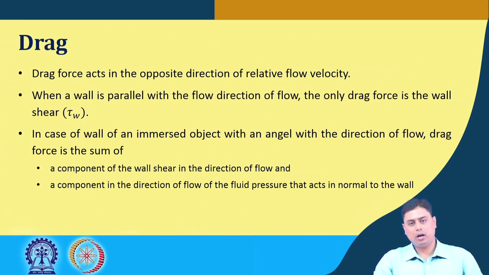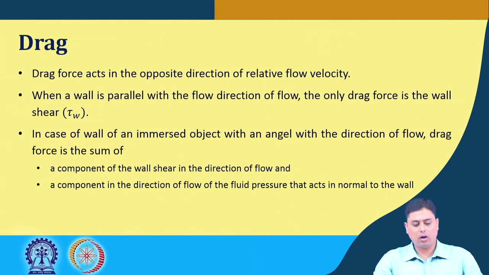If you remember your concept of the hydrodynamic boundary layer, or the thermal boundary layer, the typical example provided is a flat plate with a free stream fluid flowing over it. So in that case the drag force is only the wall shear.